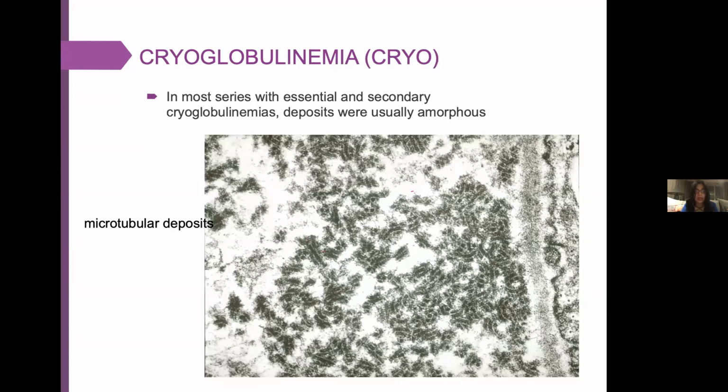The important point I want you to know about cryo is that although this microtubular pattern, similar to immunotactoid, is nice to see, in most series and in most patients the deposits are amorphous. They look like your regular immune complex deposits. You do not get these microtubular deposits.